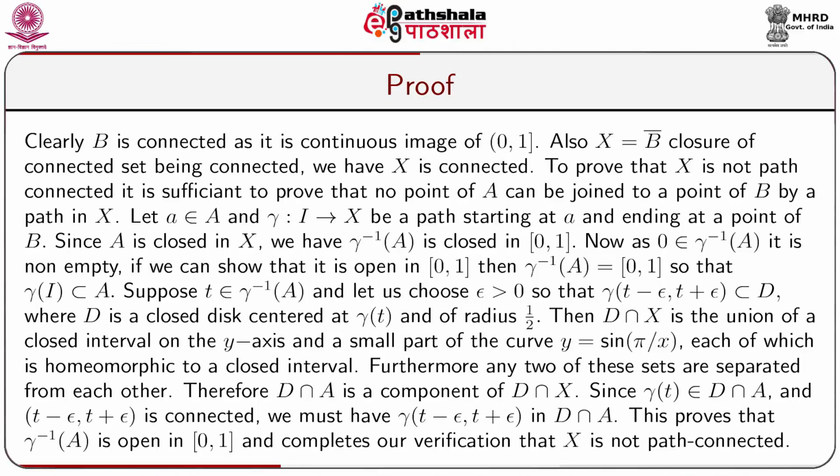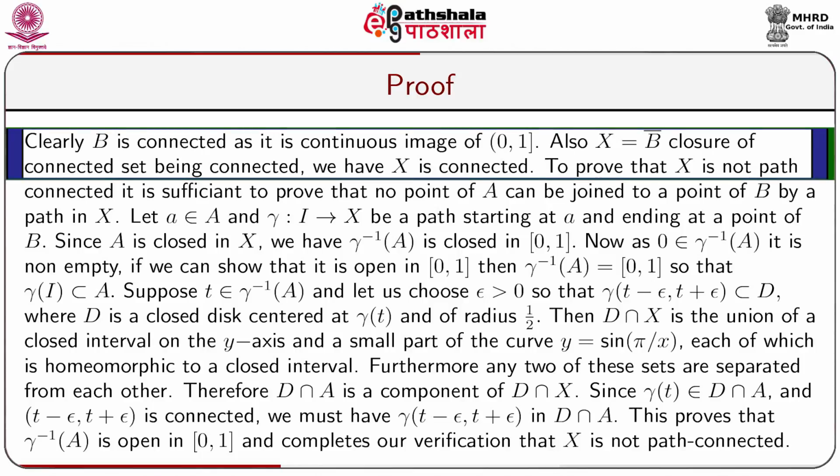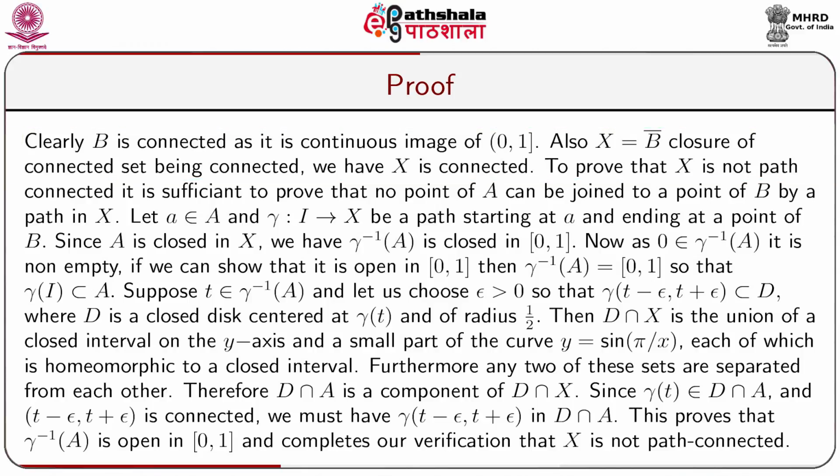Now let us prove that the topologist sine curve is not path connected. As we have already told, B is connected, being the continuous image of the semi-open interval (0, 1]. Also X is equal to the closure of B. Therefore, X is connected.